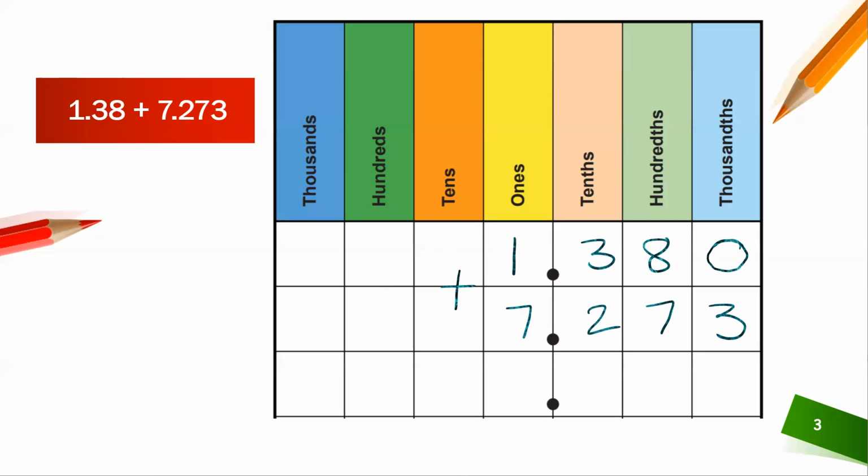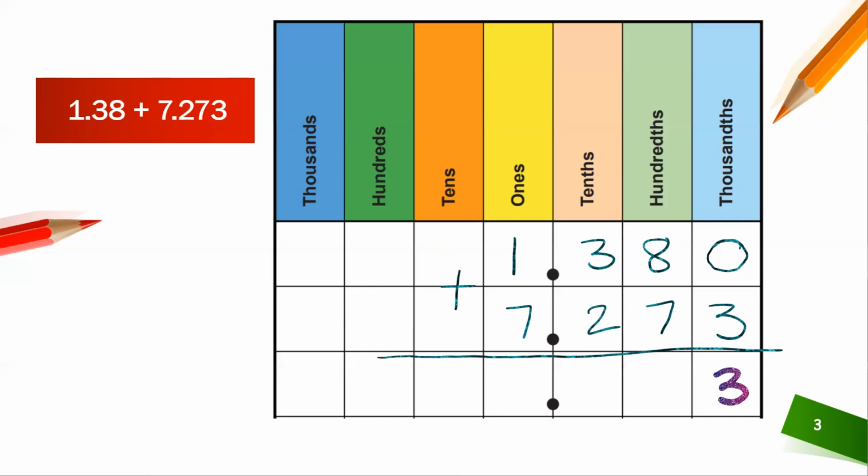So here we go. What will that become? I have 0 thousandth plus 3 is 3. 8 will need 2 to make 10.